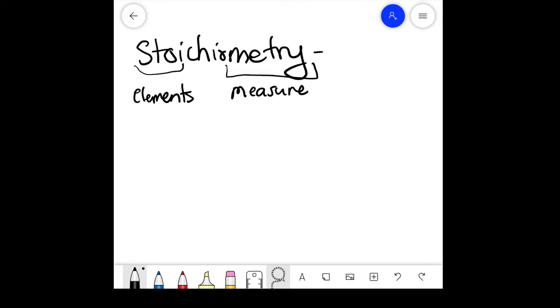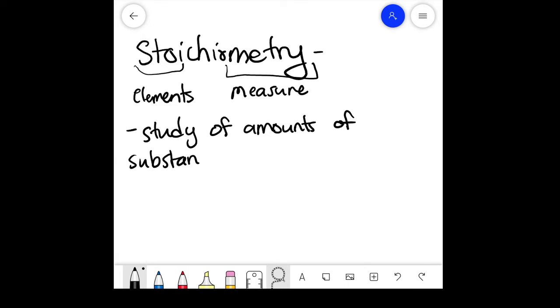So stoichiometry's real definition, I'll say, is the study of amounts of substances involved in chemical reactions.